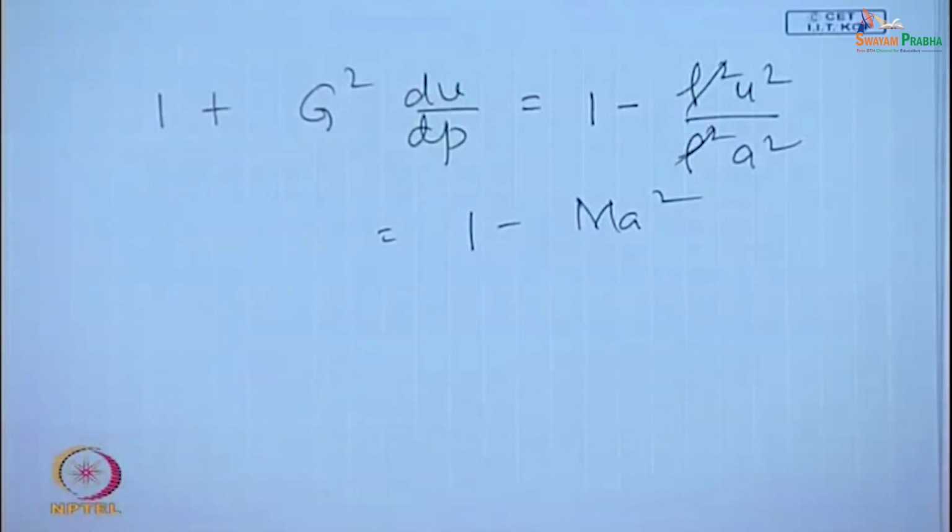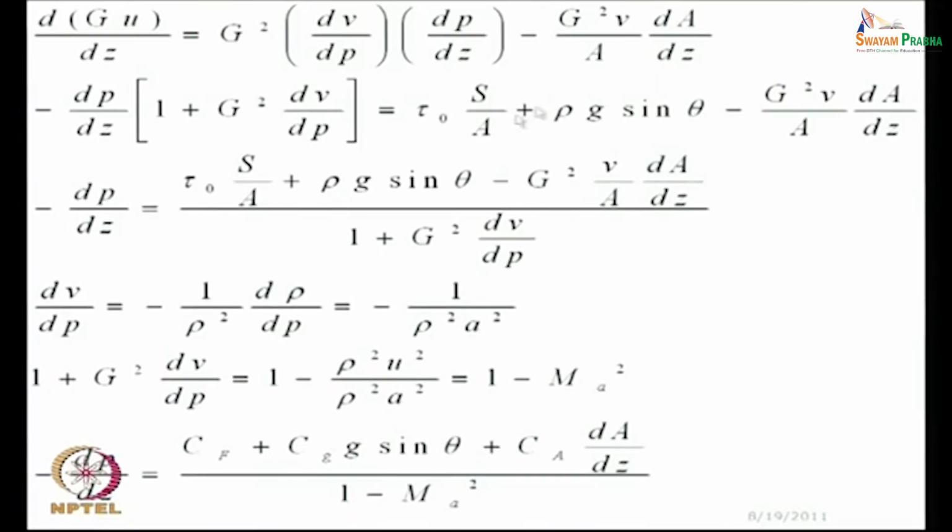We find that the denominator in this particular case gives you an idea about the condition where Ma equals 1, or the choked flow condition. So, the denominator for single phase compressible flows corresponds to the choked flow condition, or Ma equals 1.